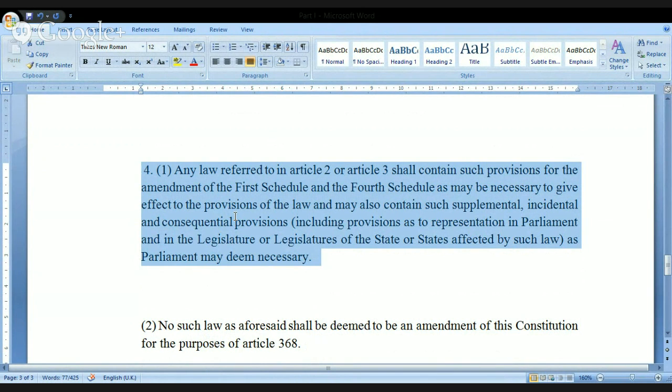Shall contain such provisions for the amendment of the First Schedule and the Fourth Schedule.